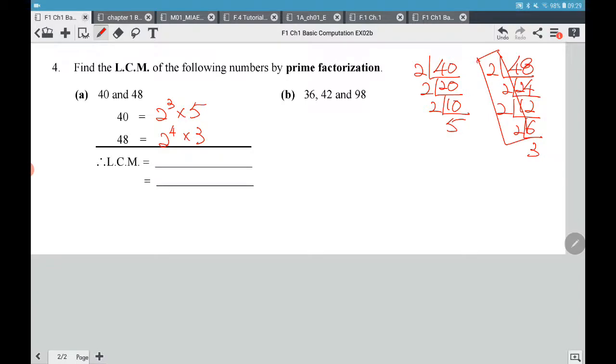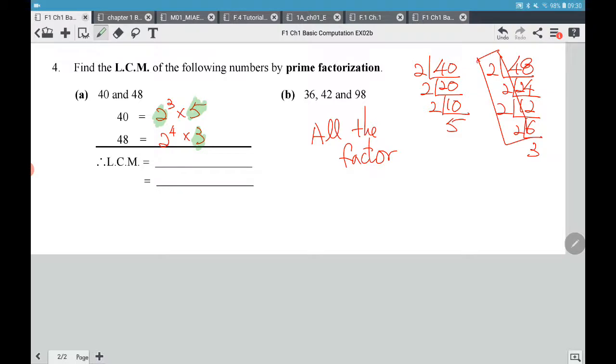Okay, now we are going to find the L.C.M. For the L.C.M., we need to write down all the factors. We need to copy down all factors. That means, of course, we have to use 2, we have to choose 3 and we have to choose 5.